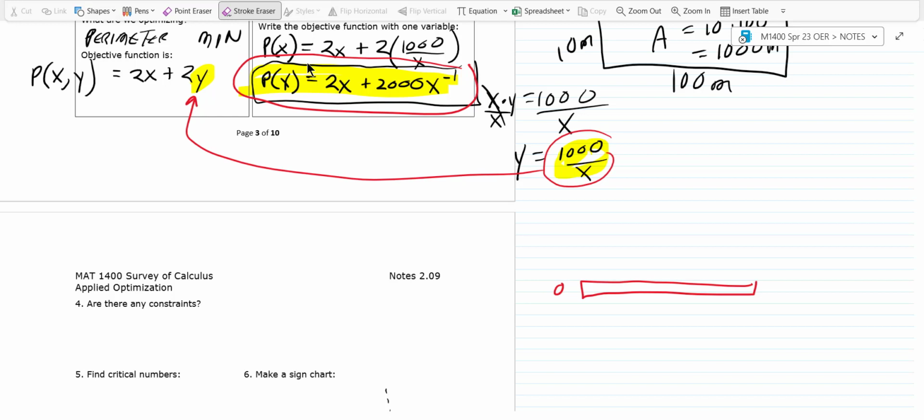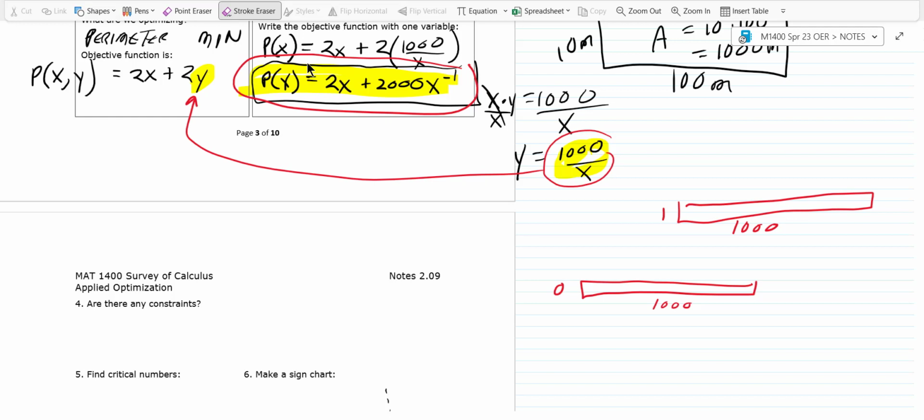And the biggest side that you could possibly have might be like 1,000. The purpose of the constraints is to help you understand how to use your window when you graph. So if you had 1 times 1,000, you would have an area like that. Now that 1 could be smaller. It could be like a decimal or something.